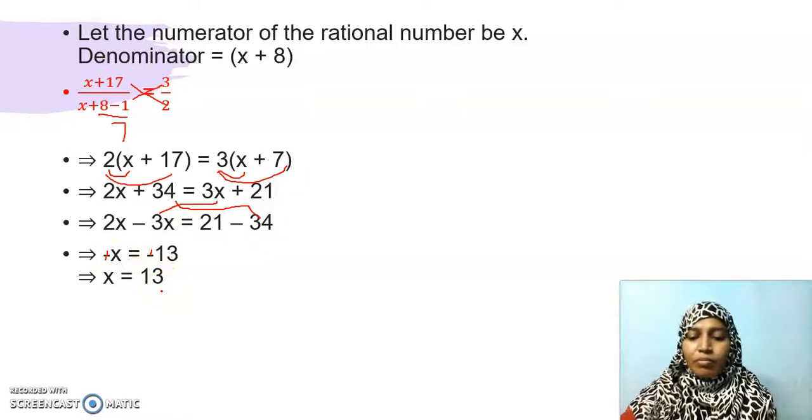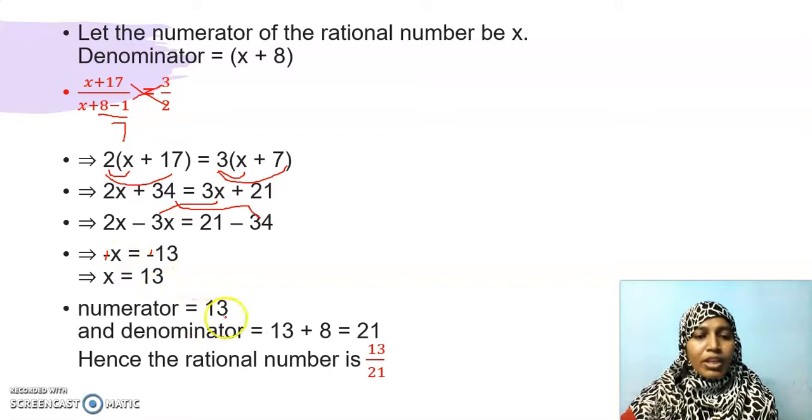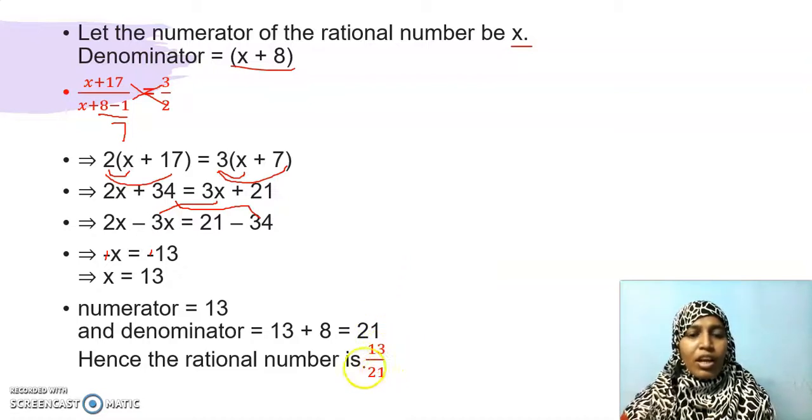Is it clear? Now the numerator is 13 and the denominator is 13 plus 8. That's what we considered in the beginning. So in the place of the numerator I have 13, and in the place of the denominator I have 21.